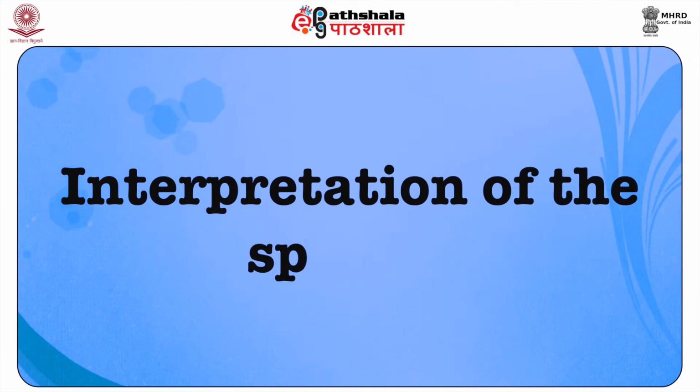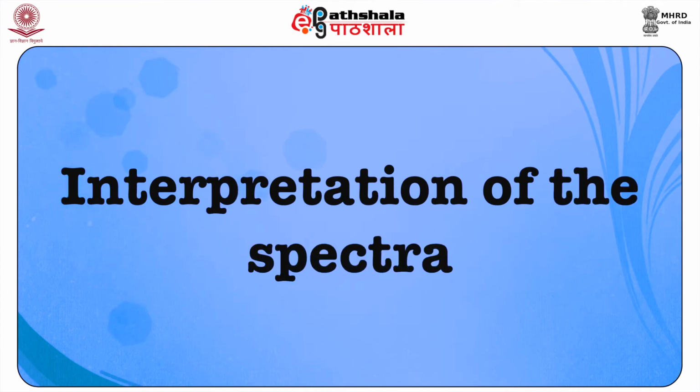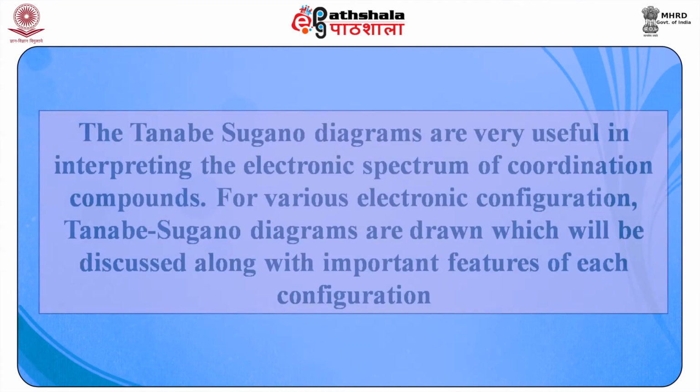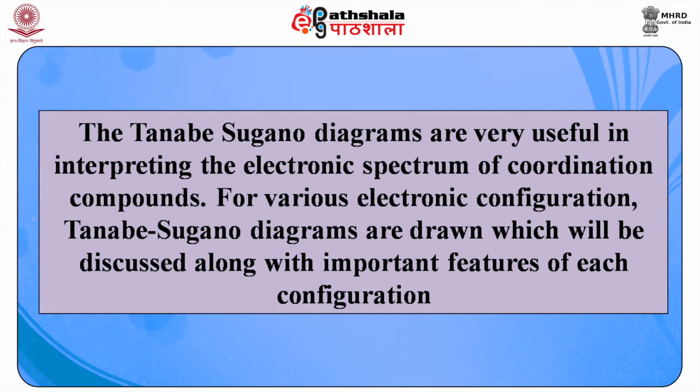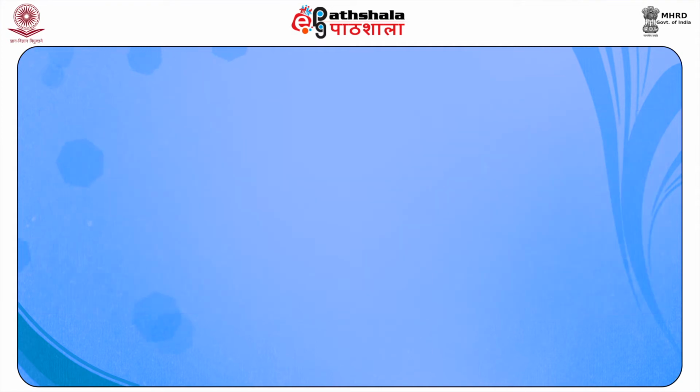Next is the interpretation of the spectra. The Tanabe-Sugano diagrams are very useful in interpreting the electronic spectrum of the coordination compounds. For various electronic configurations, Tanabe-Sugano diagrams are drawn, which will be discussed under the following headings along with important features of each configuration.